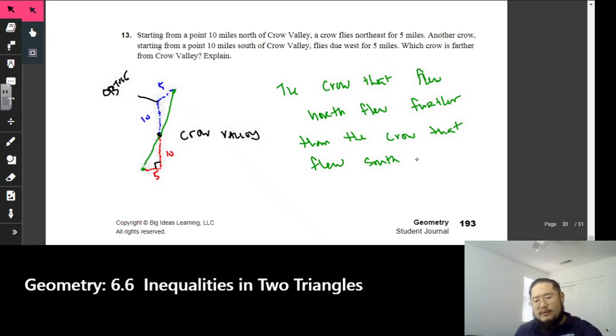So I'm just by way of the hinge theorem. There we go. Sorry about that. My tablet went a little wacky. Because of the hinge theorem.